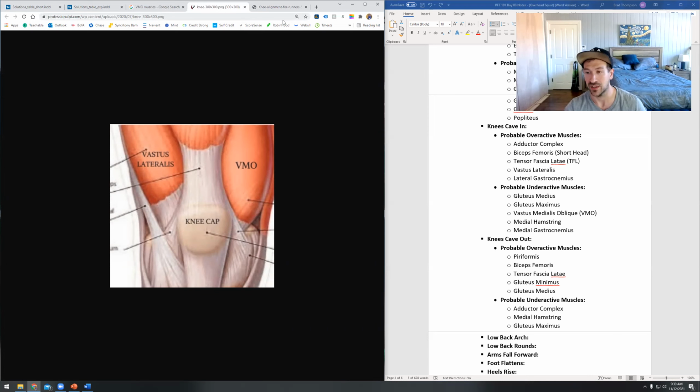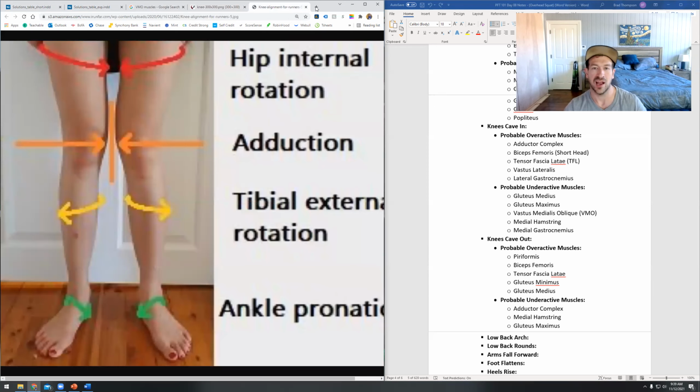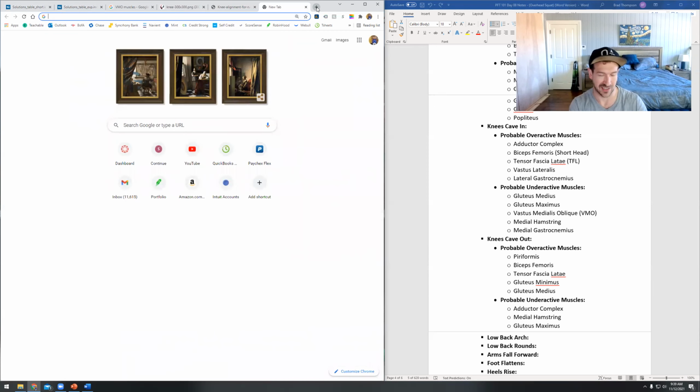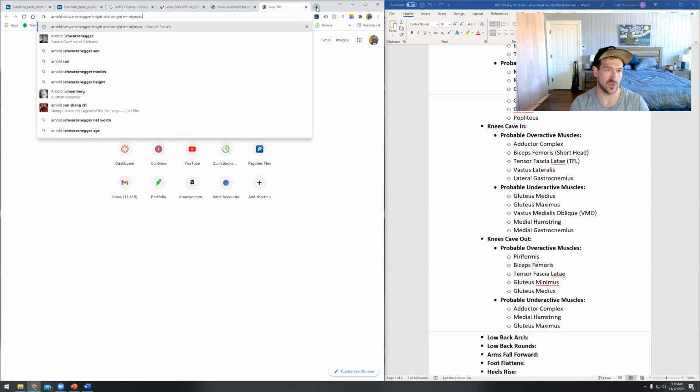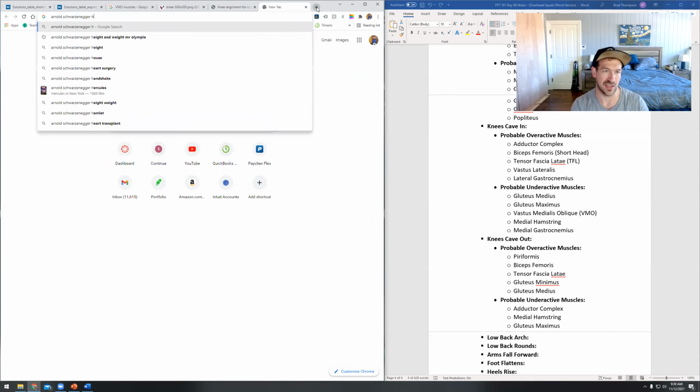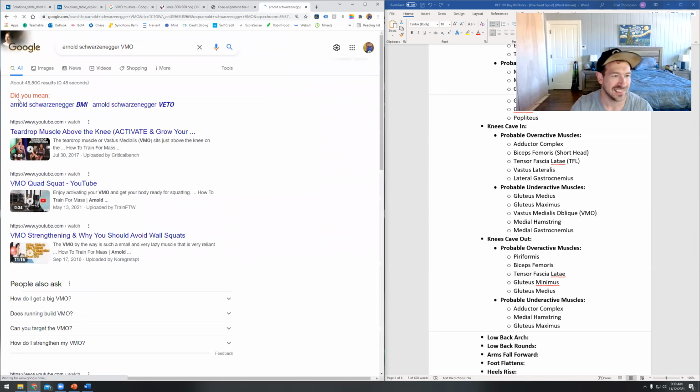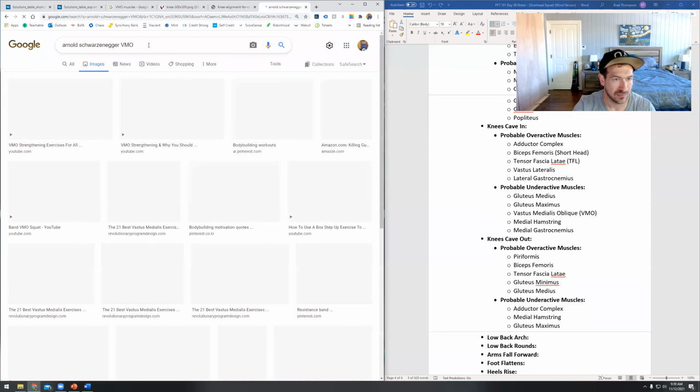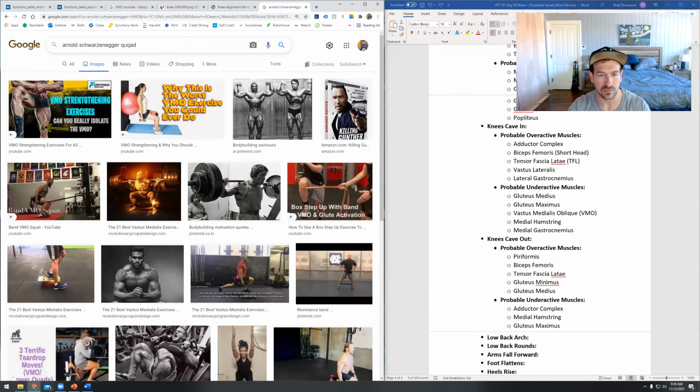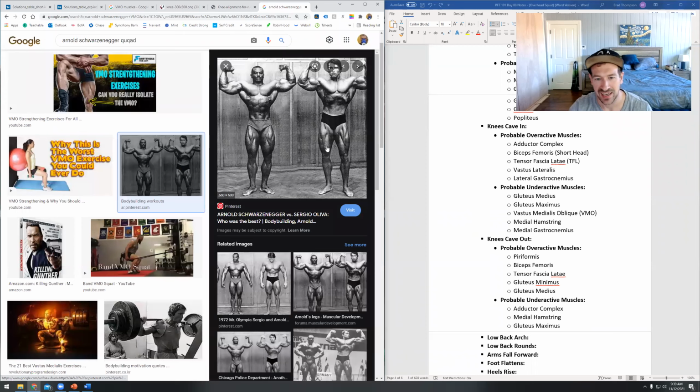This is where you're trying to work on the teardrop, basically. Arnold Schwarzenegger famously was really good about carving out his VMO. Yeah, there we go. That is a substantial VMO there.